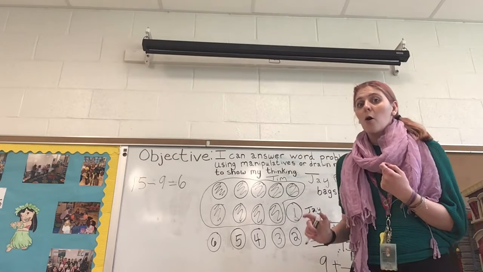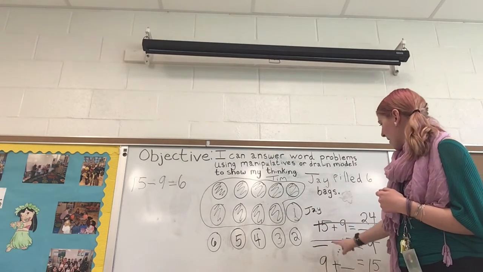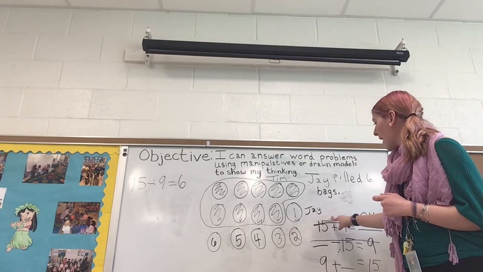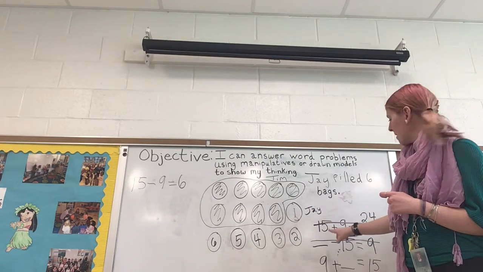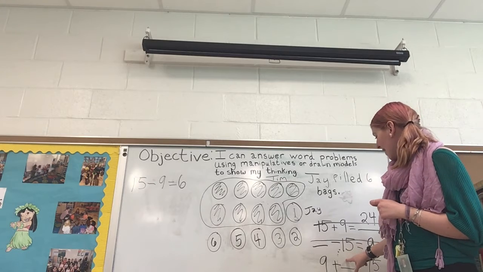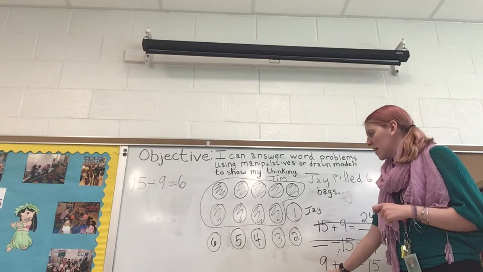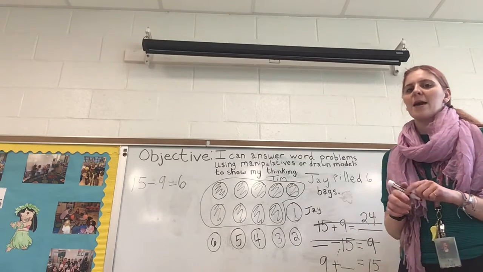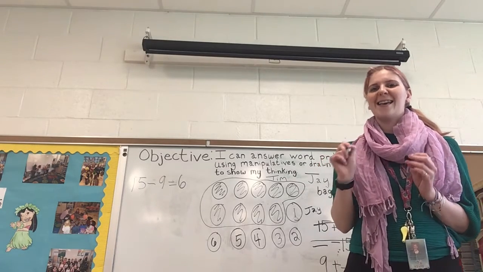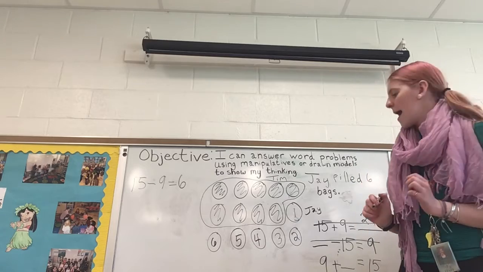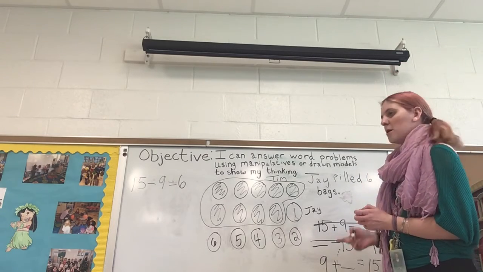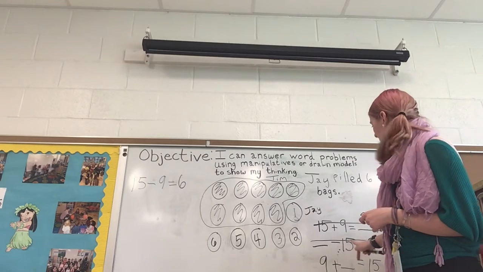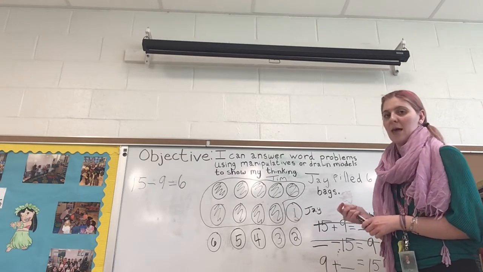So using our math brain, our smart thinking, we have ruled out this number sentence and this number sentence, meaning our number sentence is going to be this bottom one. But what is going to go in the blank? 9 plus what equals 15? Remember when we did our first one, we did addition to help us solve a subtraction fill in the blank.